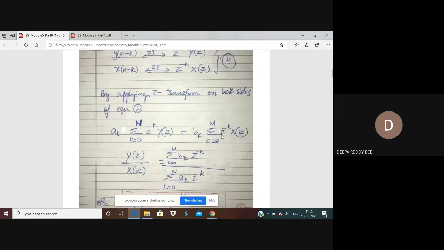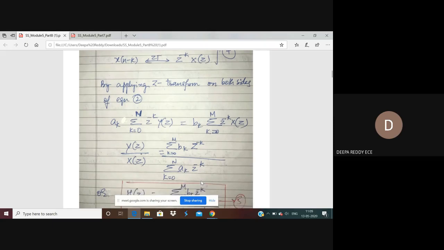Similarly, X(z) has no work inside the summation, so we can take it out. So Y(z) by X(z), and then regrouping the terms, we will get summation 0 to m b_k z to the power of minus k divided by summation 0 to n a_k z to the power of minus k.